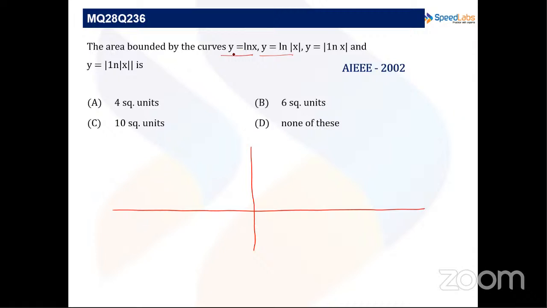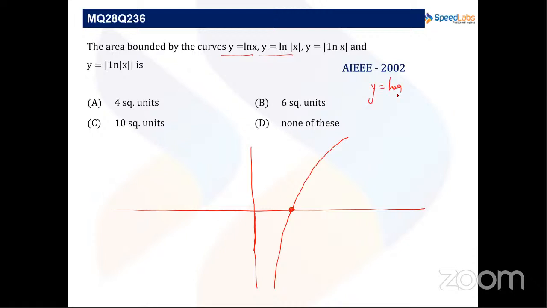let's plot them. So for y equals log x, and y equals log of mod x, this area will obviously be there for x greater than 0.